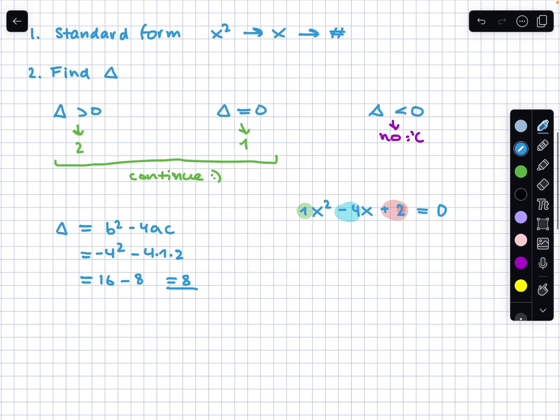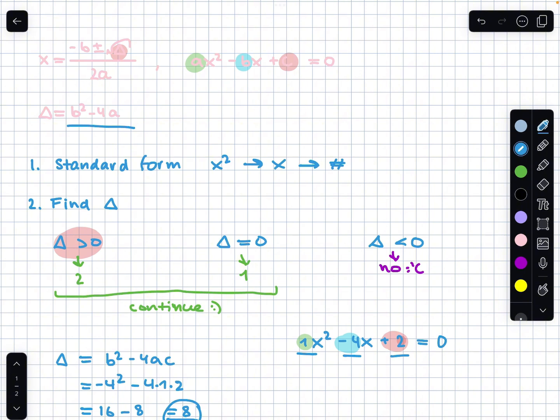And since 8 is more than 0, we'll know that we'll have 2 solutions to the problem, and we can continue working it. Then the third and final step will be to simply use the formula by substituting a, b, c, and the newly found delta value into it.